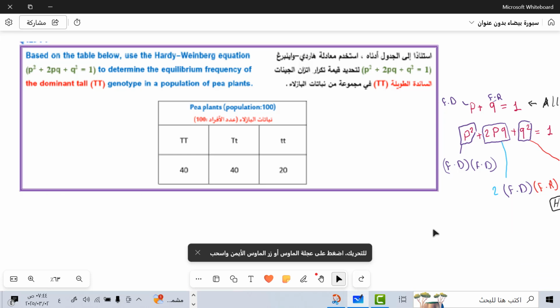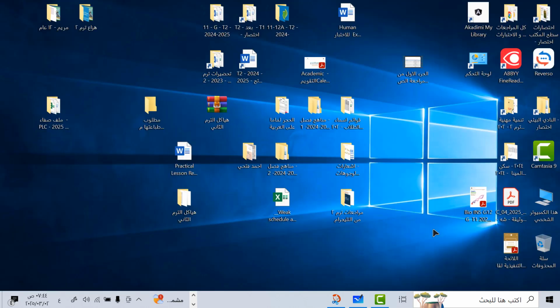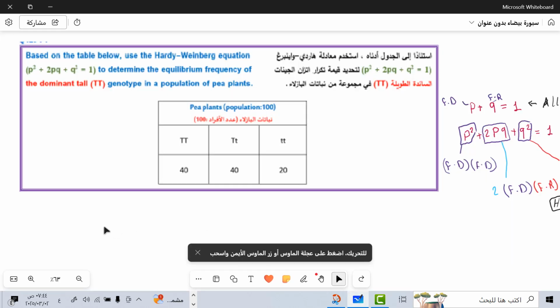Number one, let us count the alleles. Okay, number one, here we have for T capital T capital 40 individuals.